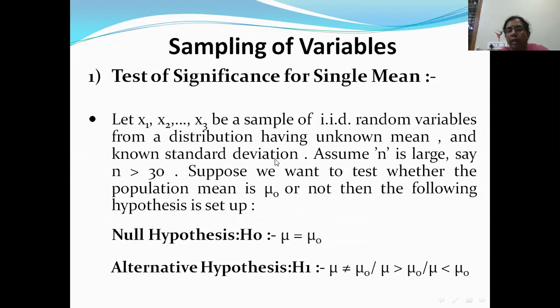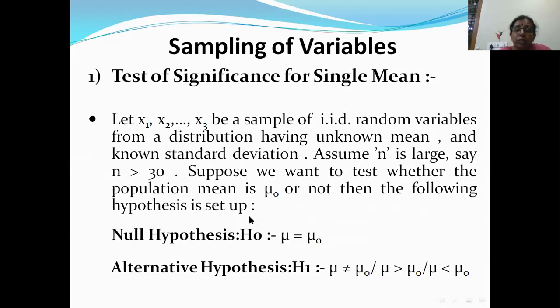So suppose you have a sample of size n with unknown mean and known standard deviation, and the sample observations are x1, x2 up to xn. And we assume that this sample is large, that is n is greater than 30.